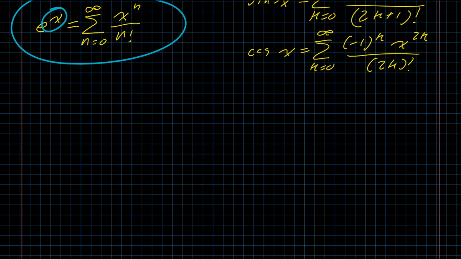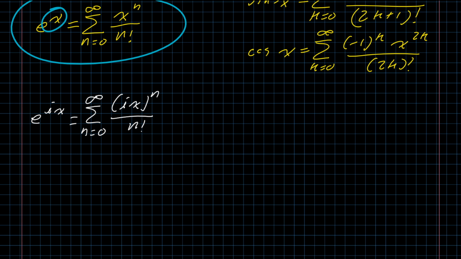So instead of evaluating e to the x, we evaluate e to the ix. Well, we should be able to just use the same summation that we used for real numbers. We'll have ix to the n power divided by n factorial. This might make a little bit more sense if I expand it out.